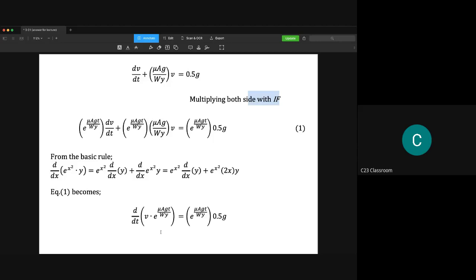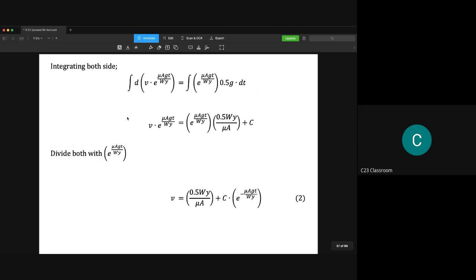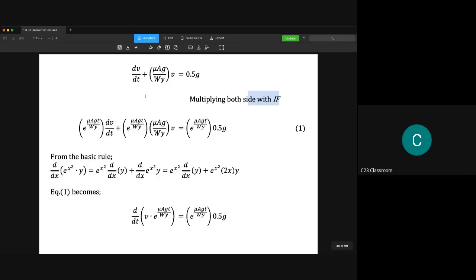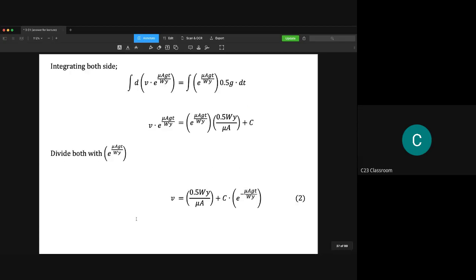Okay, I hope you could snap this screen. And then we integrate both sides, because the terms here are quite simple. We have one term at the left and one term at the right here. So to eliminate the d/dt here, what we need to do is we integrate all of them.